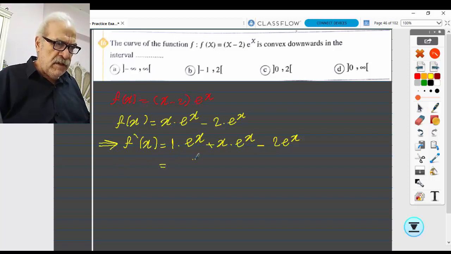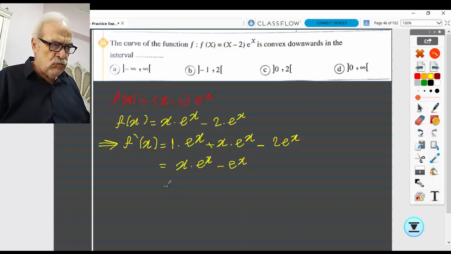So f dash of x equals e power x minus 2e power x plus x dot e power x, which equals x dot e power x minus e power x. Okay, this is f dash of x.